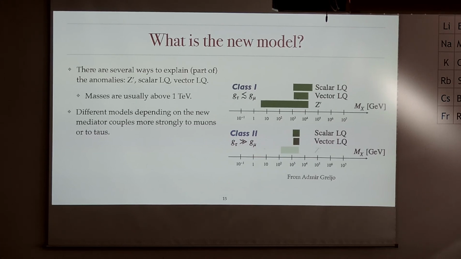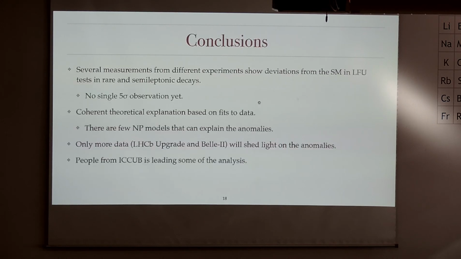So I was going to make a comment, but now I think it's also related to this point. In your conclusions, you mentioned something that is always there: no single 5 sigma observation yet. This is key. My comment is that it looks like it's very important for everyone to have a single 5 sigma observation.